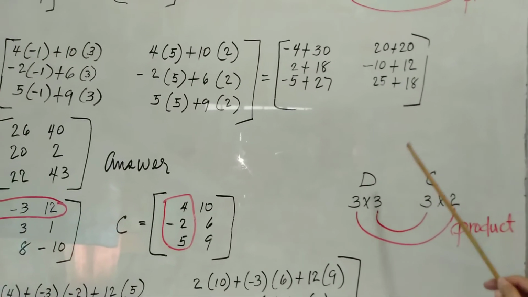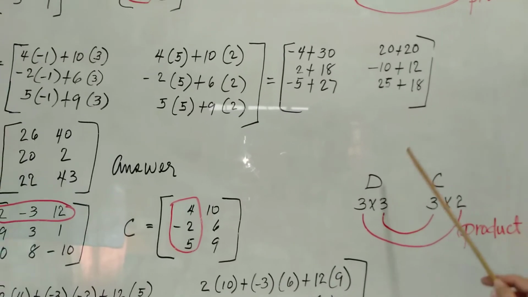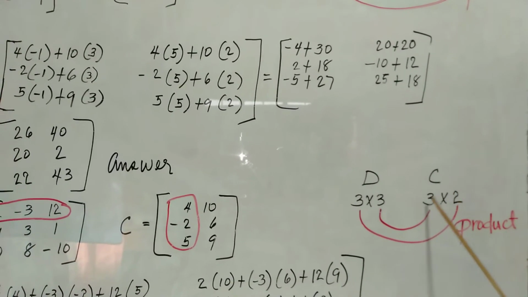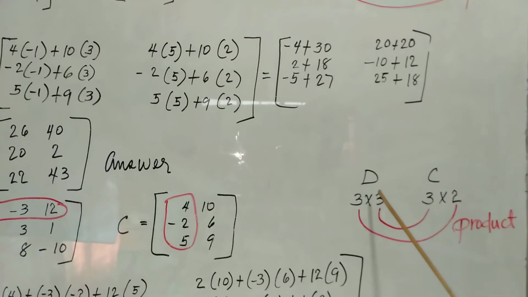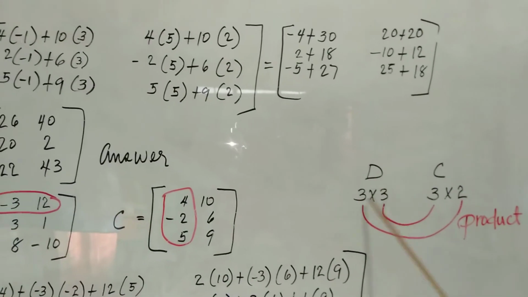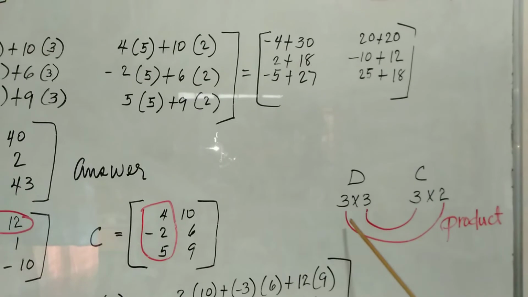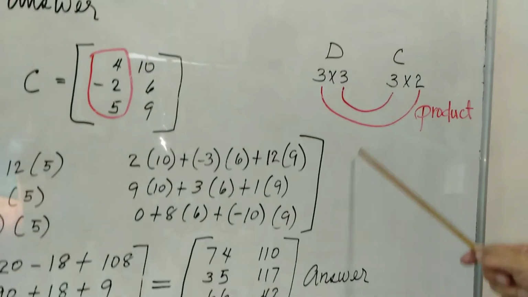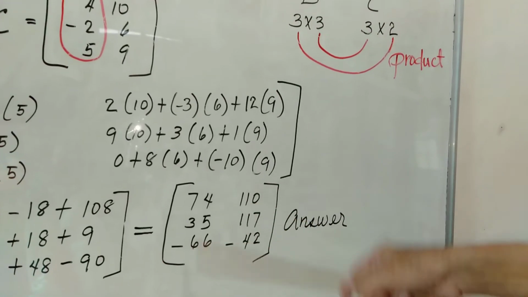The inner dimensions, the number of columns of D, should be equal to the number of rows of C. And the product will be 3 by 2: 3 rows and 2 columns.